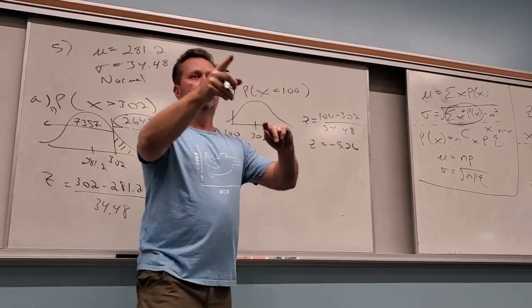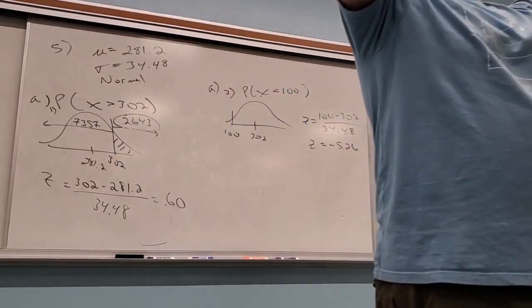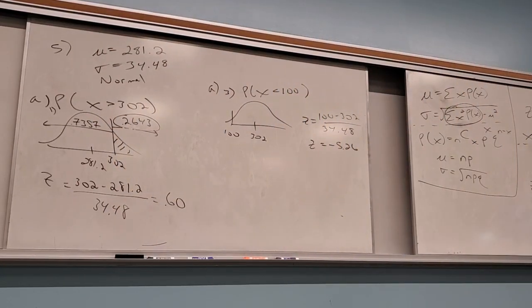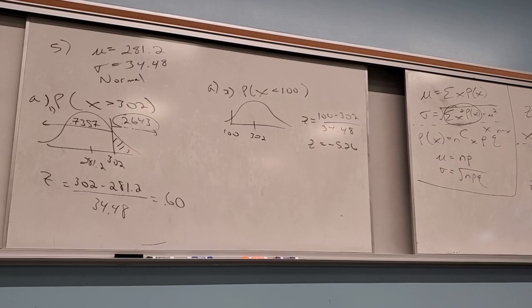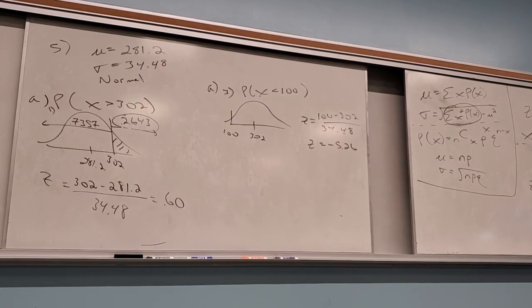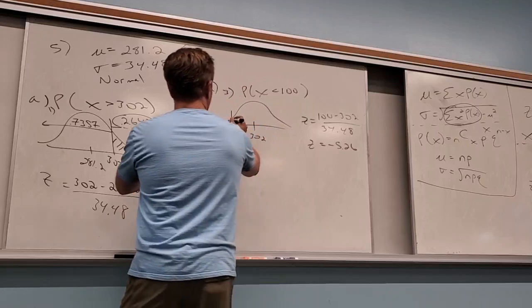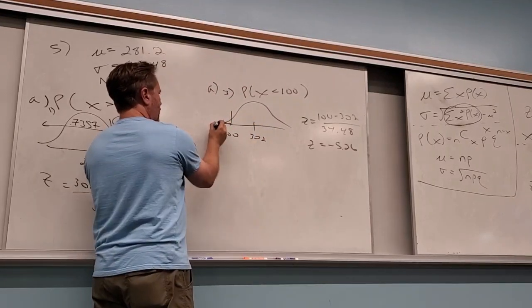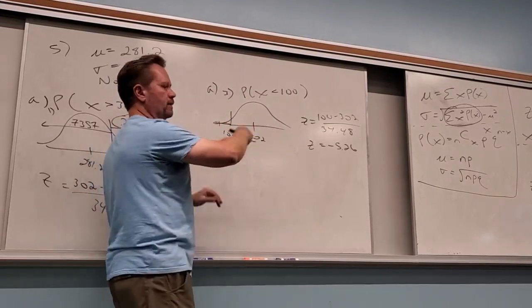Real quick, where does unusual start? 2 standard deviations away, correct? This is 2.5 times further down than the minimum usual amount. That is basically 0% that it's going to be less than that. I've gone so far down on the normal curve that I've left out so little below me that it's basically zero.